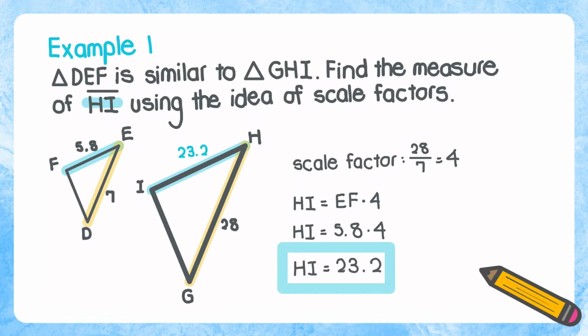So here we found that the missing side length, HI, is 23.2 by using the idea of scale factors. We know that since the two triangles are similar, if we have to quadruple one of the sides, we have to quadruple the other sides as well to get that similar triangle.